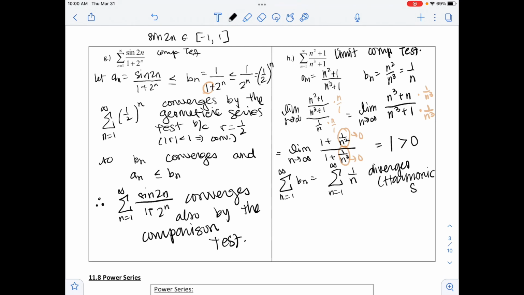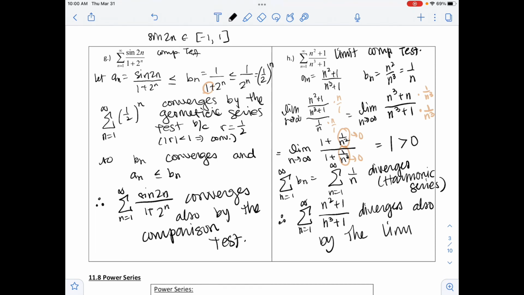And so we can say that therefore the series that we had, the sum from n equals 1 to infinity of n squared plus 1 over n cubed plus 1, diverges also. And this is by, make sure to state what test you use, the limit comparison test.